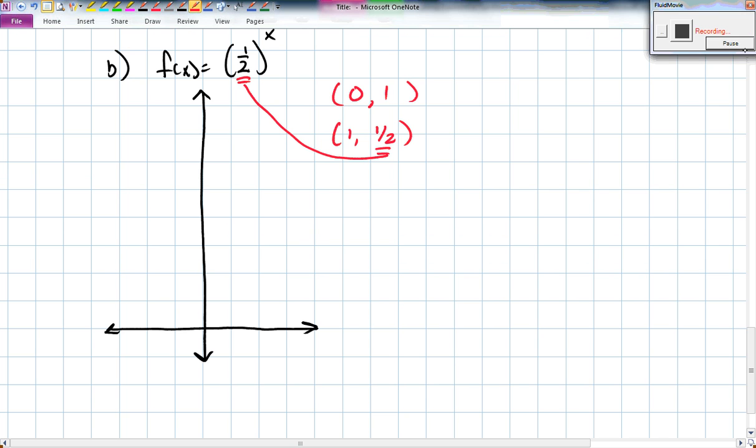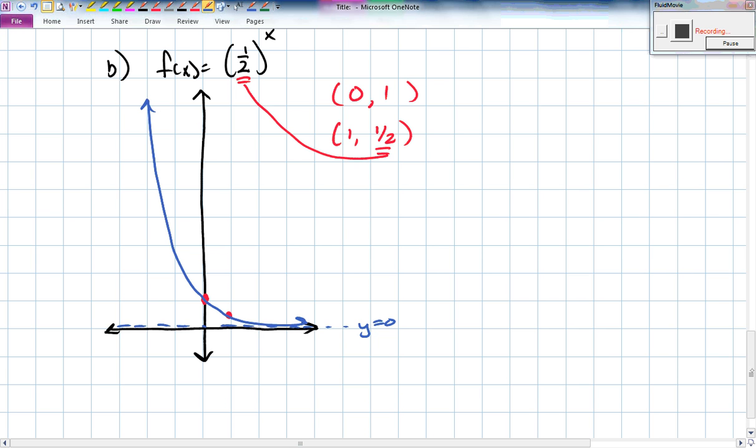Whenever you have b to the x, you're always going to have 0, 1 on the graph. And then 1, base, so 1, half. And we already know that there's a horizontal asymptote at the line y equals 0. So this graph looks something like this, as a quick little sketch here.